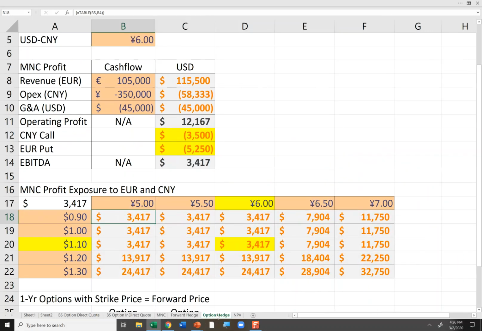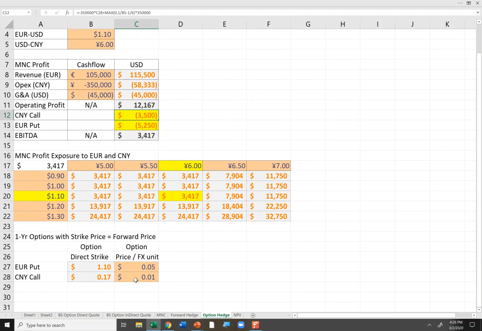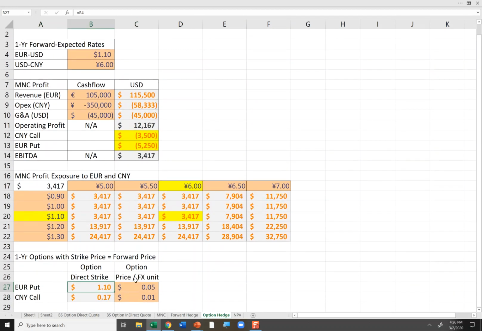Here's my option hedge. Let's look at the prices I have here. This is my currency price per FX unit. Here's my strike. I'm looking at a put option to sell 105,000 at 110, and here's my contract to sell.